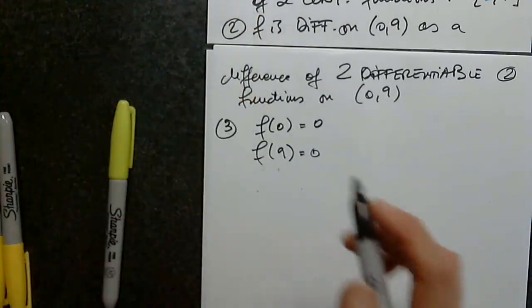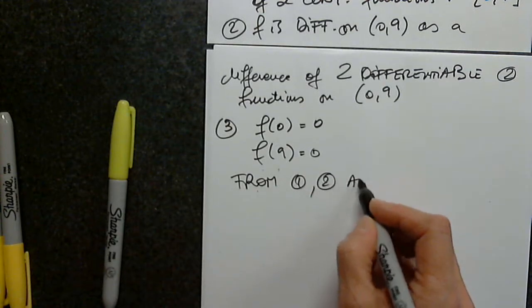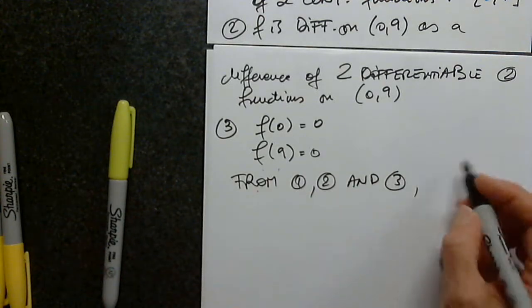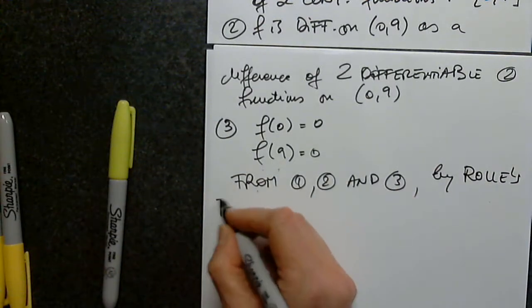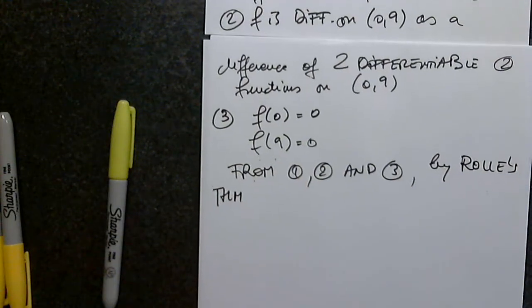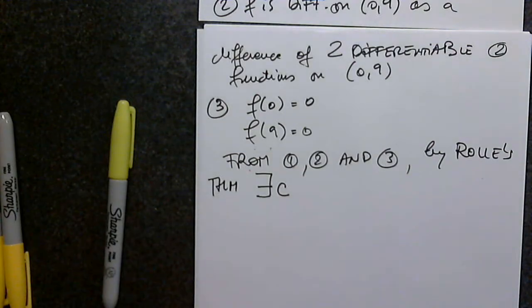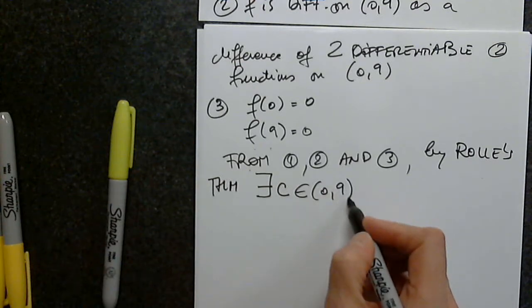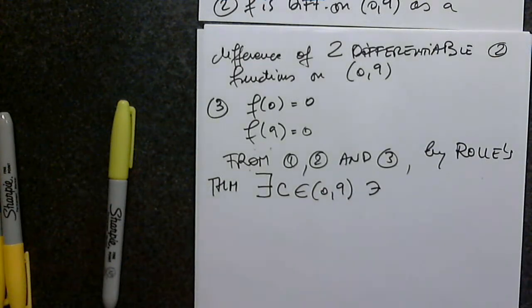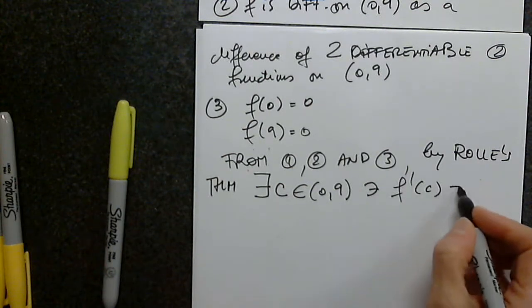Then I will say from 1 and 2 and 3, by Rolle's theorem, there exists at least one x value c in the open interval 0, 9 such that f prime of c is 0.